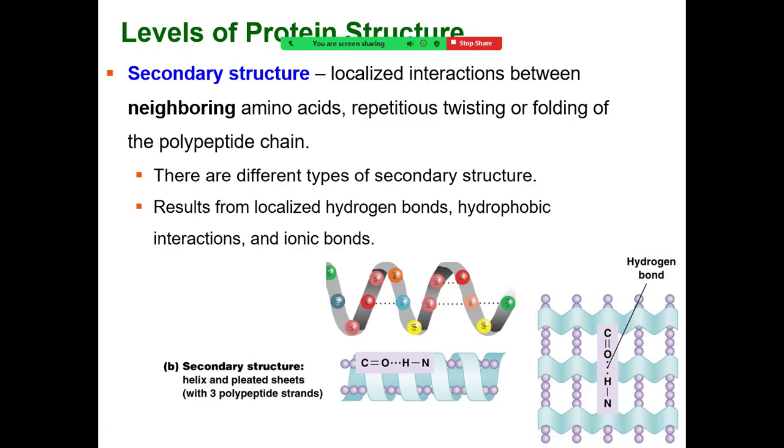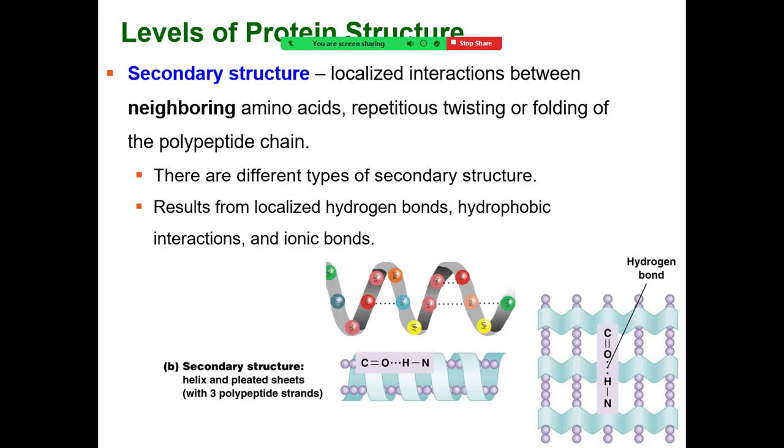So if they both had a positive charge, they would be repulsed from each other because positive charge does not like being near another positive charge. Any question about any of that? So those are the different forces of attraction and repulsion that can happen in the secondary structure of a protein. Any question about any of that?